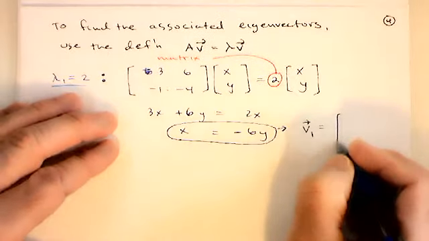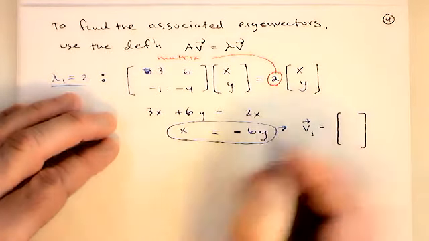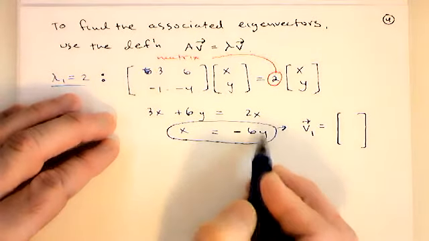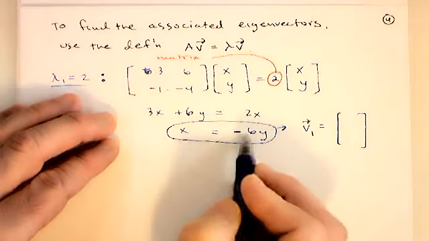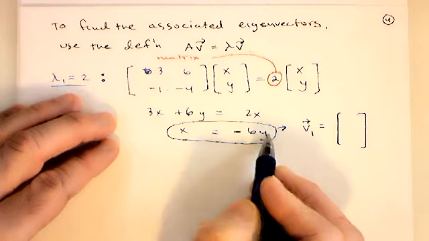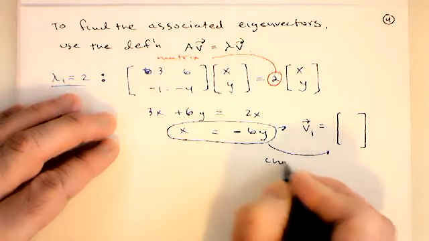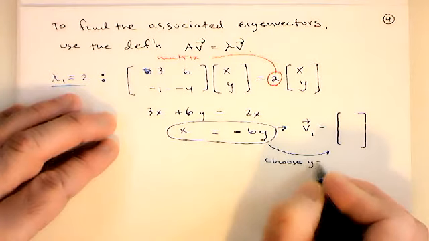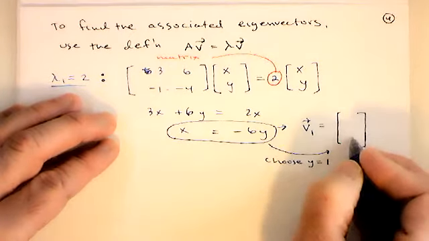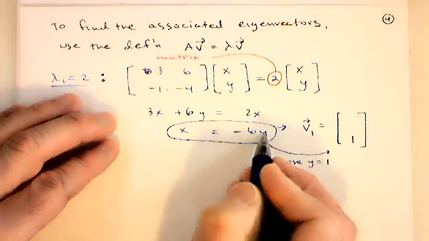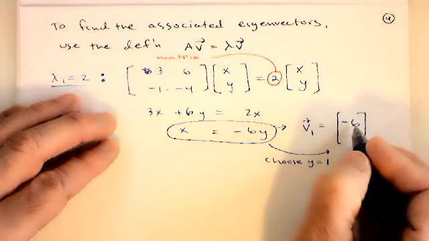Because what this says is for my vector, which is going to be x and y, whatever y is, x is going to be -6 times y. So if I simply just choose, I think the easiest thing to be would be just to choose y to be 1, then x would have to be -6 times 1, which is -6.